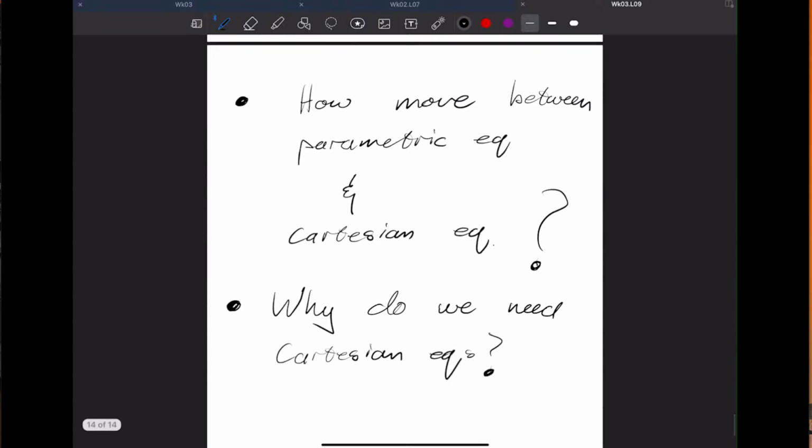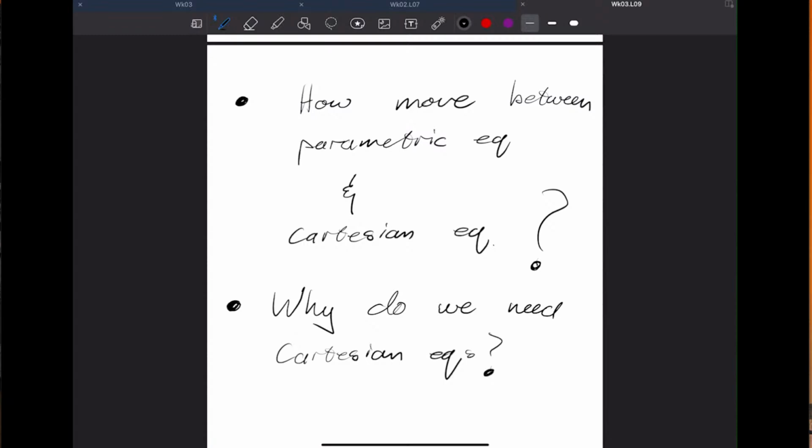The astute among you will have noticed we've not discussed yet how to compute, for example, the intersection of two planes. Why did we not do that yet? That is because we did not have the correct tools yet, meaning we did not have Cartesian equations for planes yet.